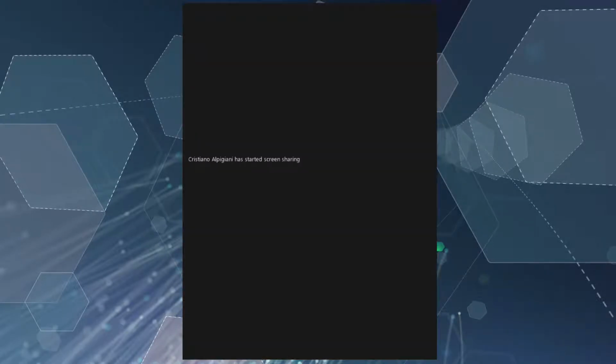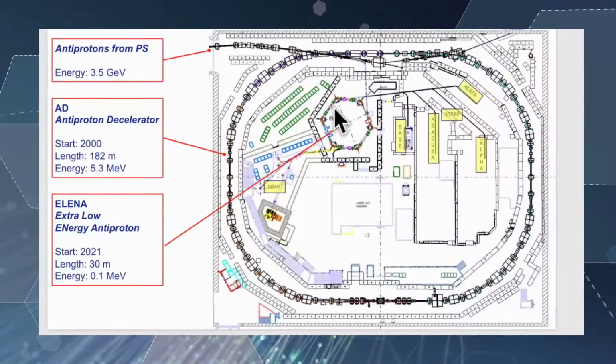Let me share the slide, because where Dominique is now is exactly on top of the AD, because Dominique entered here. This is the Elena ring. Then he walked here where there is GBAR. Basically, the path is made of blocks of concrete.